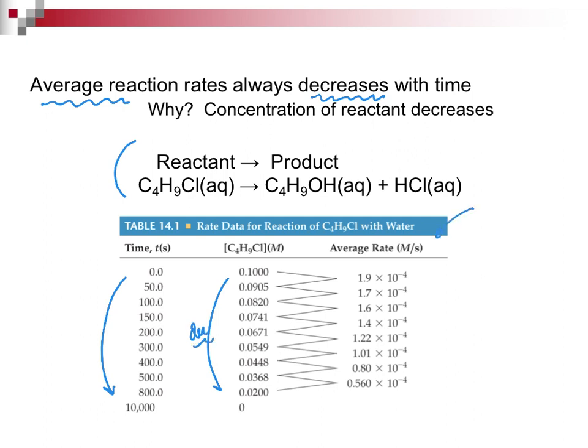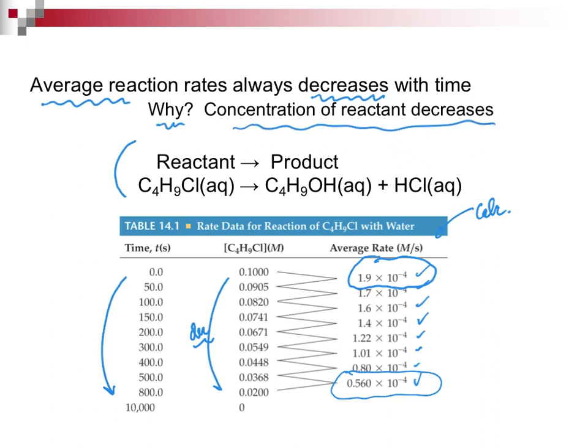And you can do the calculation that we just did on the slide before to come up with numerical values. All right, it's tedious, but it's here to show a point. What we see is that the rate starts out at a given number, but as time goes on, that number is going to become much smaller. Why does this happen? Well, in your textbook it says the concentration of reactant decreases. Let's go with that definition, okay?